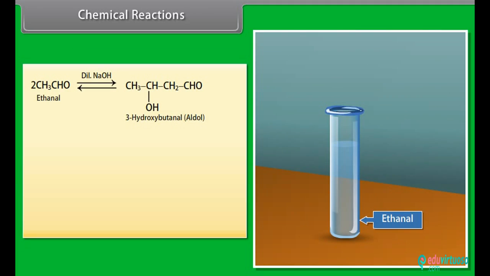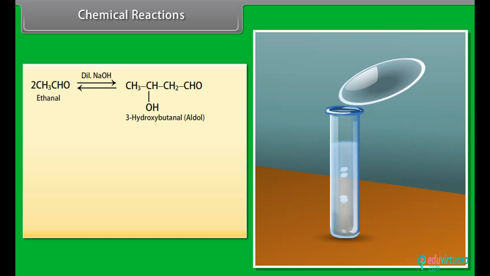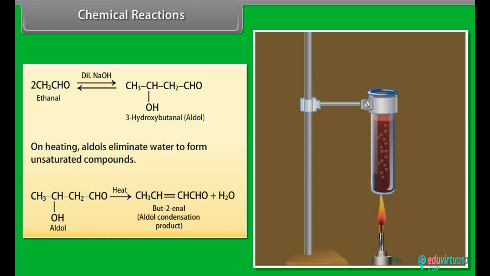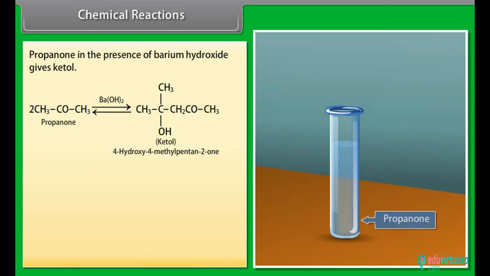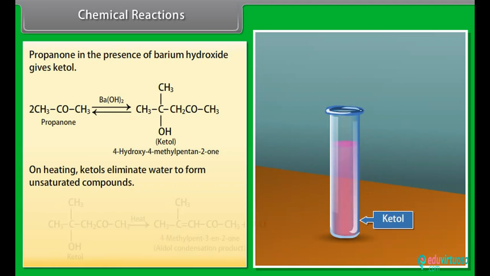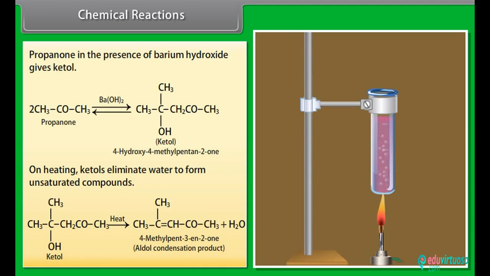Ethanal, in the presence of dilute sodium hydroxide, undergoes condensation to form a syrup liquid known as aldol. On heating, aldols eliminate water to form unsaturated compounds. Propanone, in the presence of barium hydroxide, gives ketol. On heating, ketols eliminate water to form unsaturated compounds.